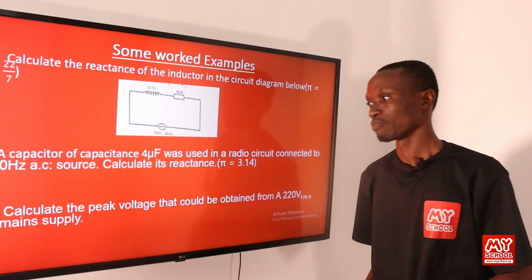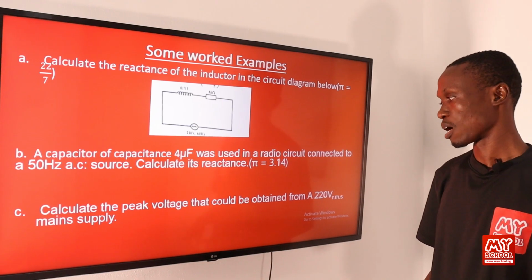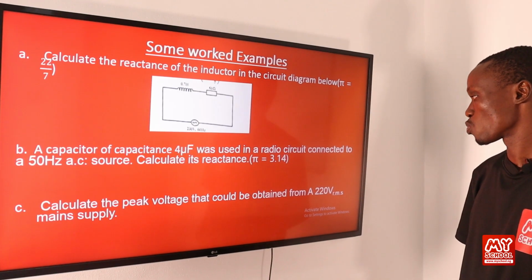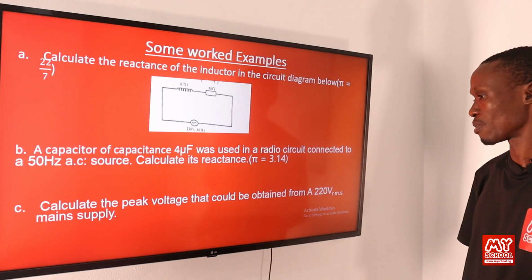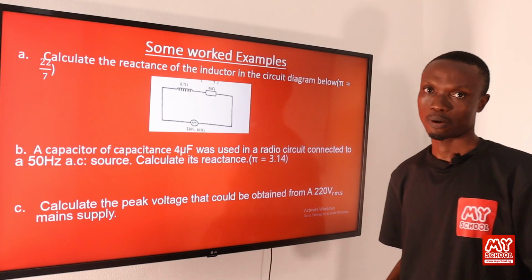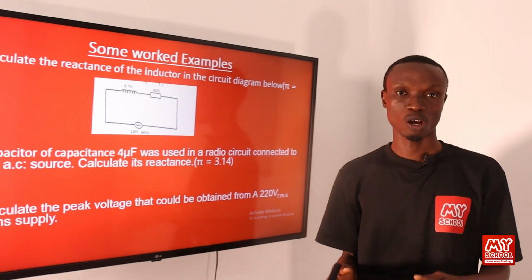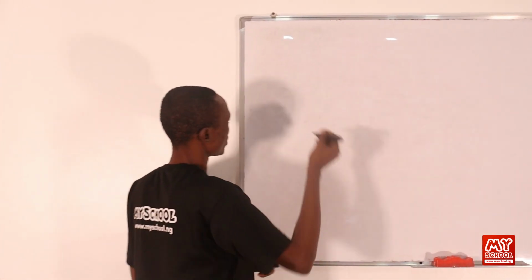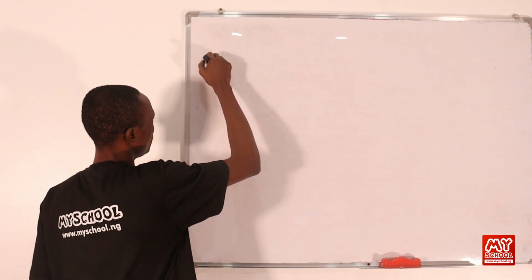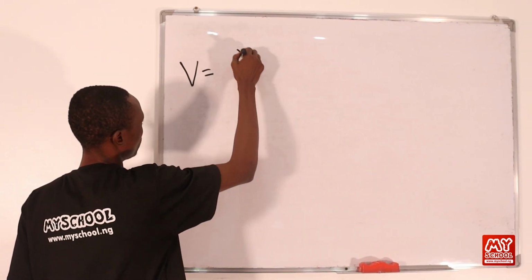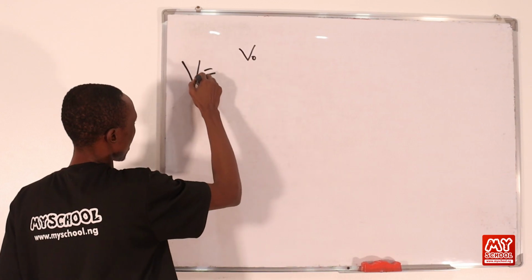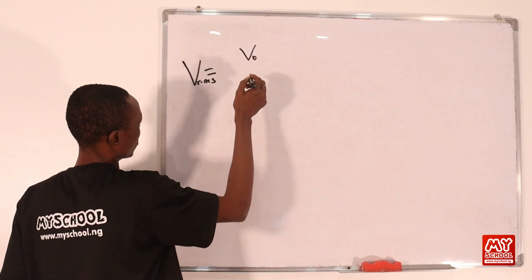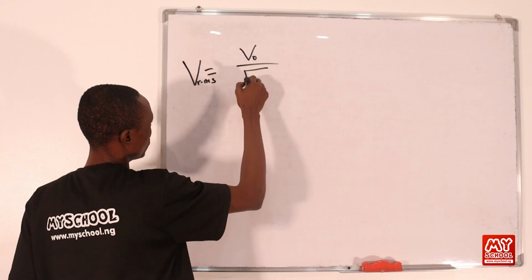So example 3, calculate the peak value that could be obtained from a 220 V r.m.s main supply. Okay, so to provide answer to this question, we'll have to return back to the board. Remember that we said V r.m.s is equals to V naught all over root 2.